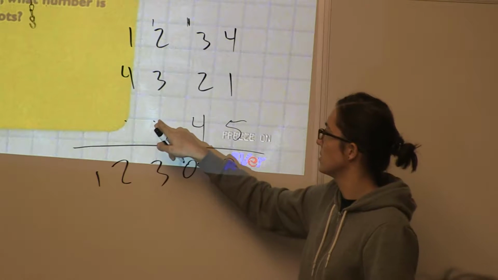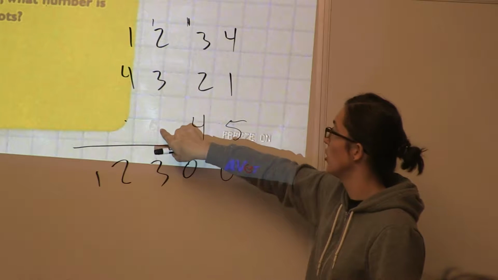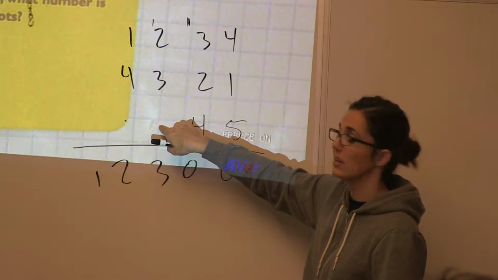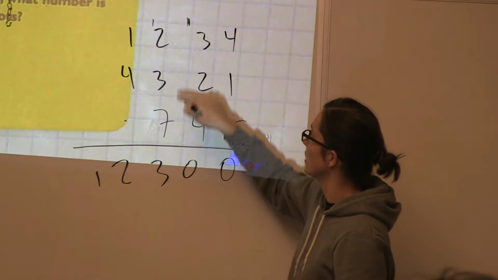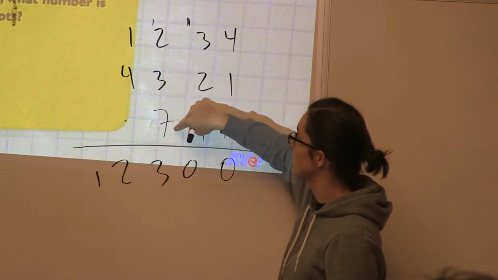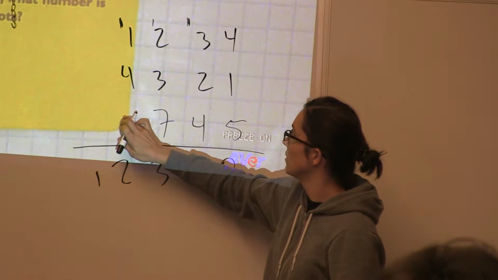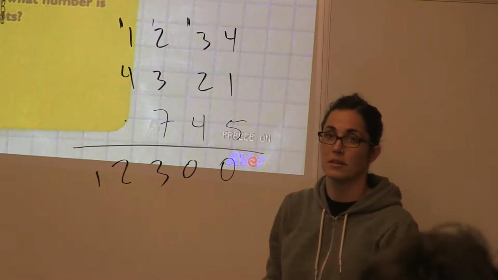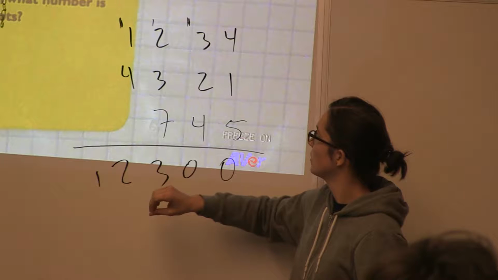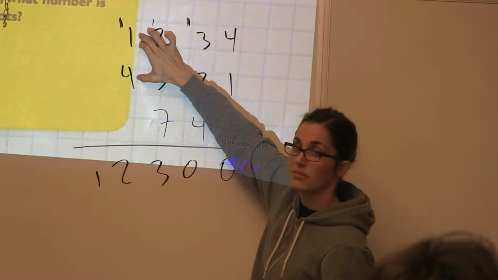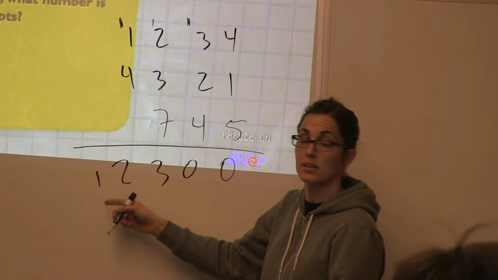This would be 6, so what does this have to be? 7, because I have to get a 3, so 6 plus 7 is 13, carry the 1. What would this have to be? 13 is left over, so you carry the 10 over to the next column. What would this have to be? 6, to make 12.